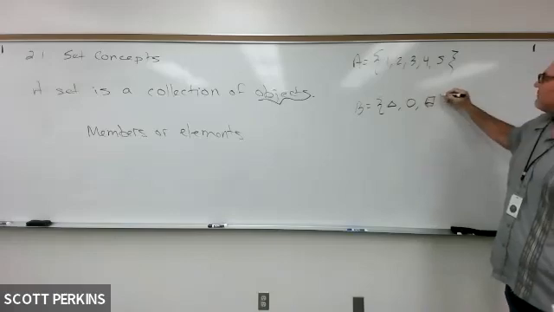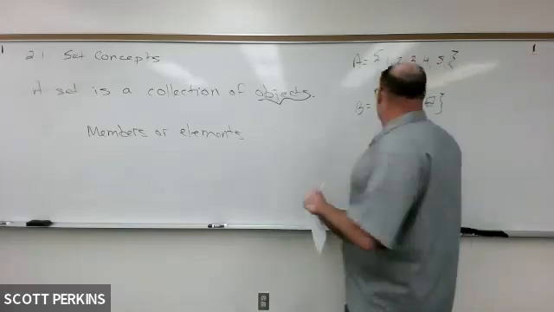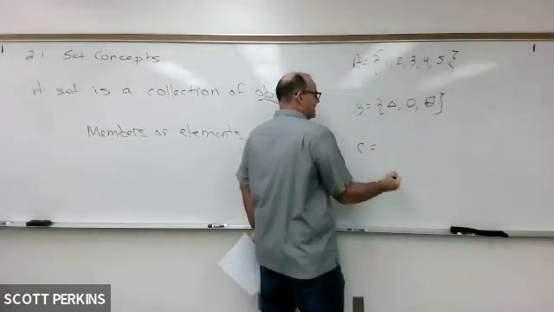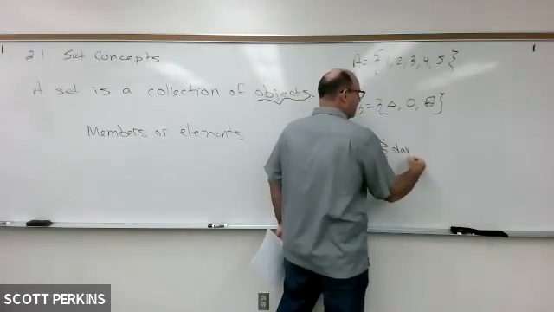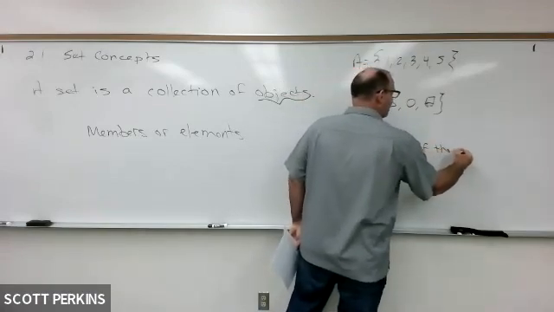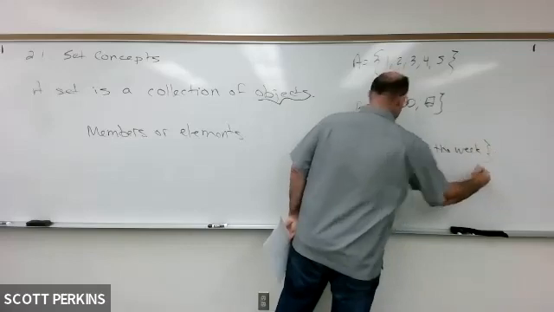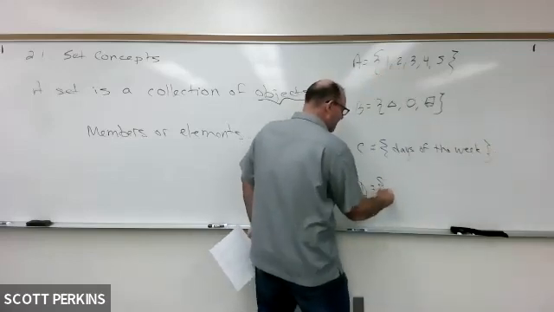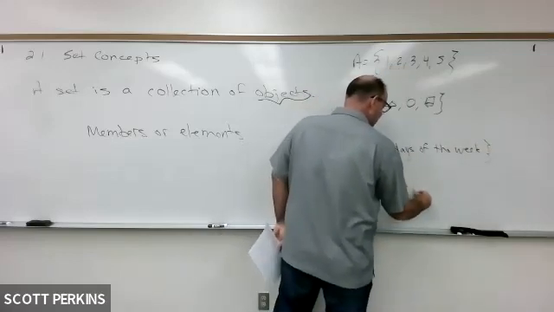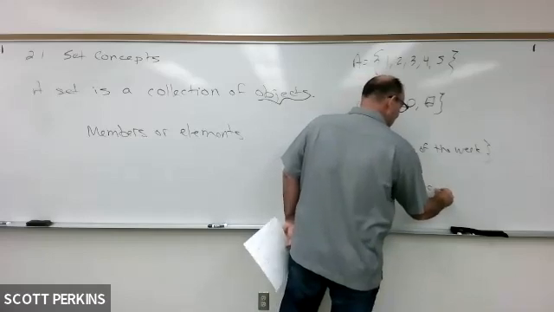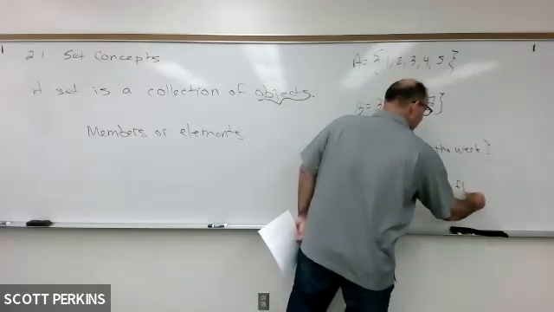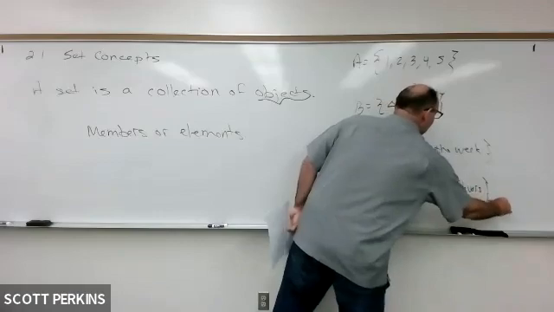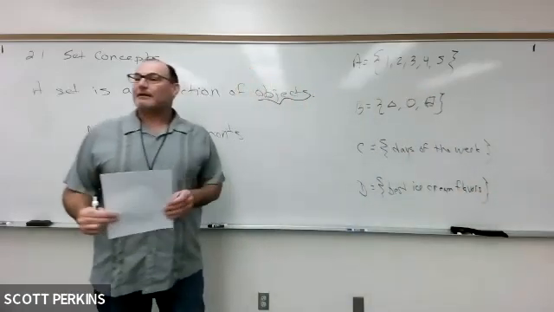It took me forever to find those on Word. Set C is the set of days of the week. And then finally, the set D is the set of the best ice cream flavors. I find vanilla exciting, so deal with it.